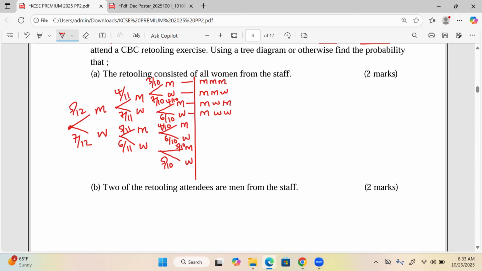Then we go to this one: woman, man, man. The one ending with W here starts with woman, man, woman. The one ending here with M is woman, woman, man. And finally, the one ending with a W here is woman, woman, woman. So you can see the outcomes have been outlined at the end of every branch.